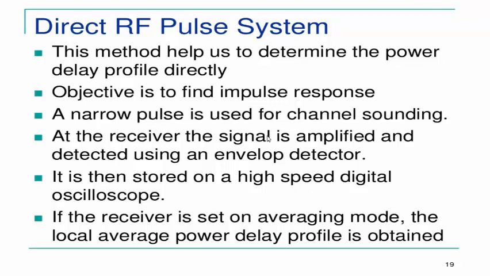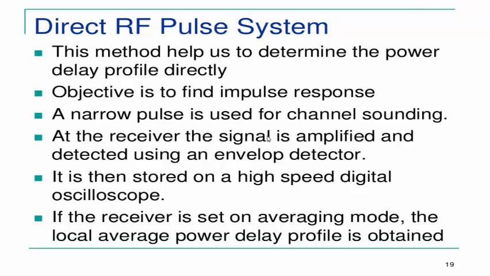The first method for power delay profile is the direct RF pulse system. This method helps us determine the power delay profile directly. The main objective is to find the impulse response of the radio channel.